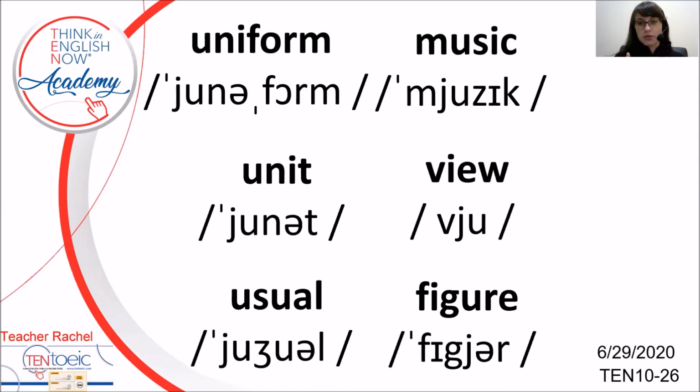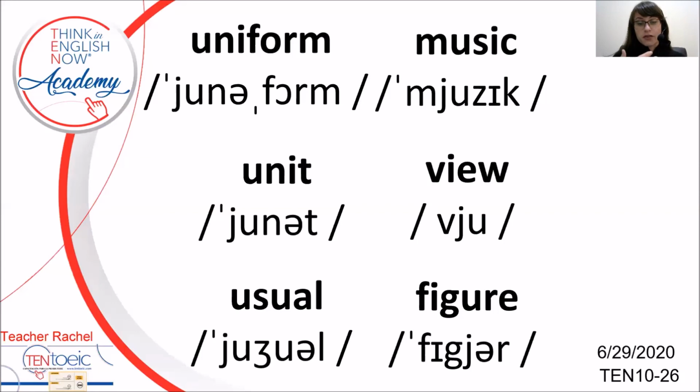I would like to rent 1 unit in the building. So it means 1 apartment in the building. Also, it can mean when different people come together for one thing, one reason. So I recommend you look up this word. There's many definitions.